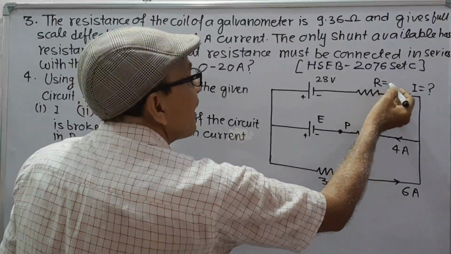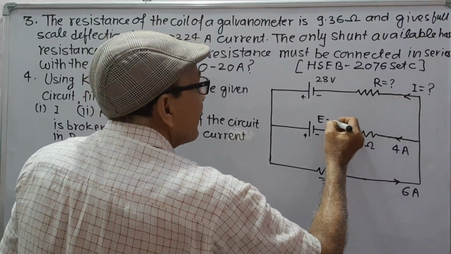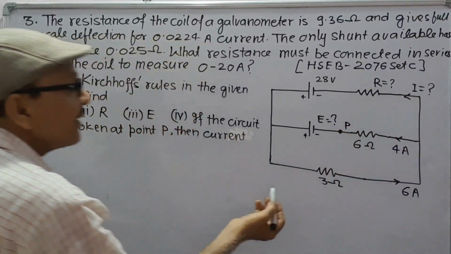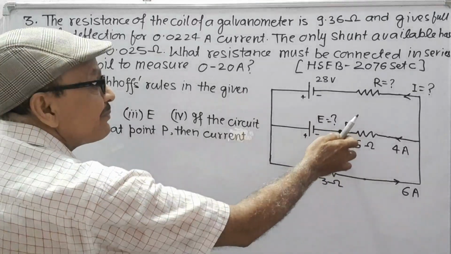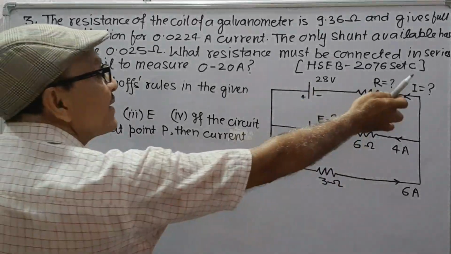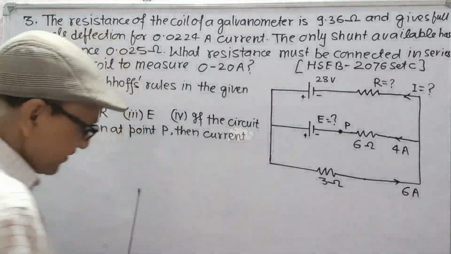I is what, R is what, E is what, and if the circuit is broken at point P, then the current I dash flowing in resistance.